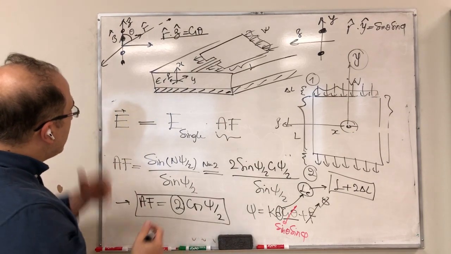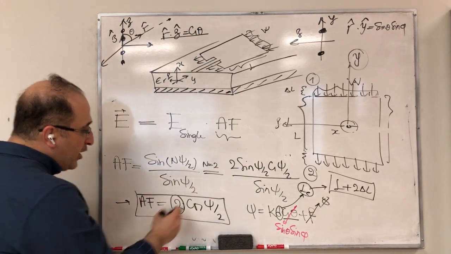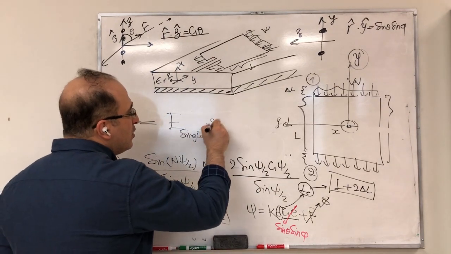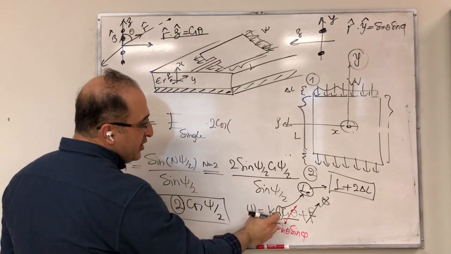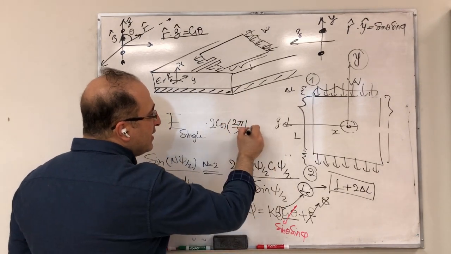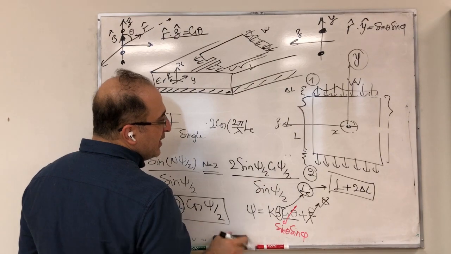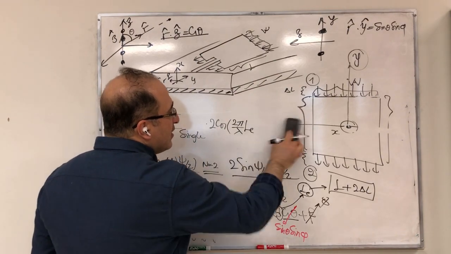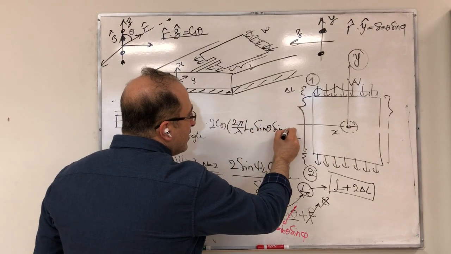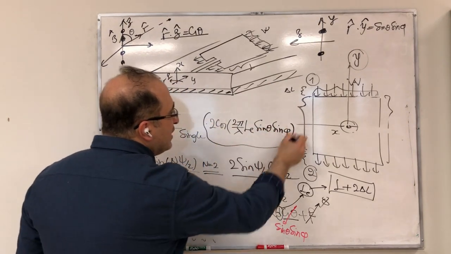So if you look at the expression of electric field, you're going to see this factor, which is 2 cos of k d sine theta sine phi, where k is 2 pi over lambda and d is LE. And that's going to be the array factor.